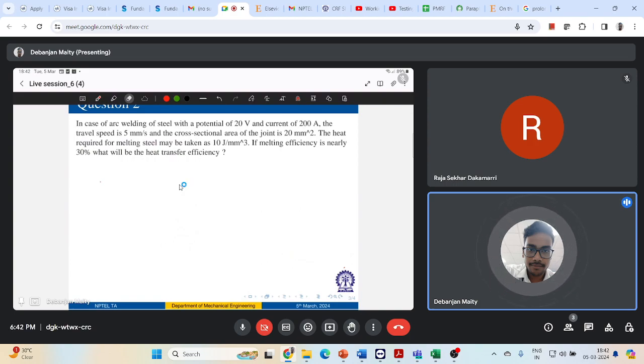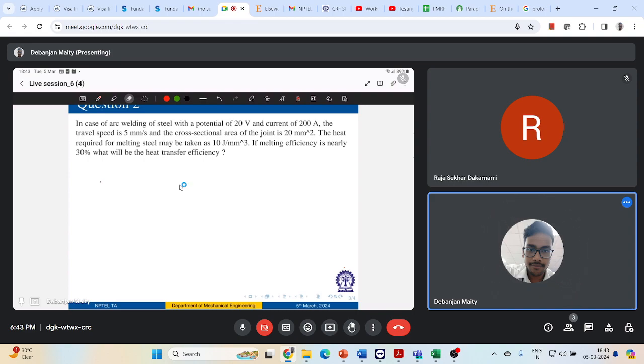So what is mentioned over here? We have said that in case of arc welding of steel, the potential is provided as 20 volt, current is provided as 200 amp, and the travel speed is 5 mm per second. I have also provided the cross-sectional area of the joint. It says that heat required for melting steel may be taken as 10 joule per mm cube.